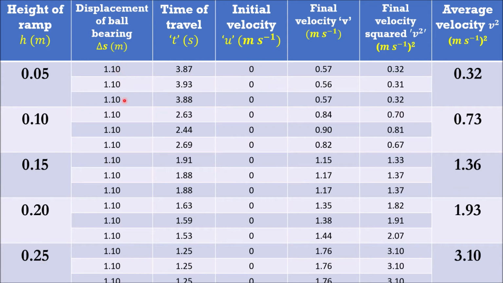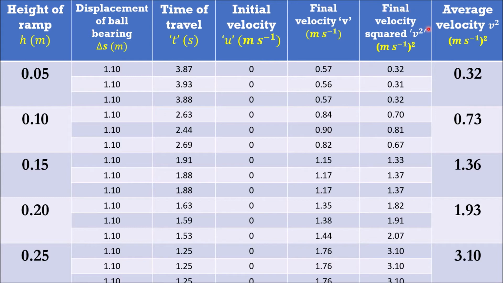Give yourself a nice little time or distance to work with so that you can actually measure the time. Give yourself a bit more time to react, I guess, would be the saying. Find the time. Initial velocity will definitely be 0 unless you actually put some kind of force when rolling it. Final velocity, calculate it using the formula we talked about just then.